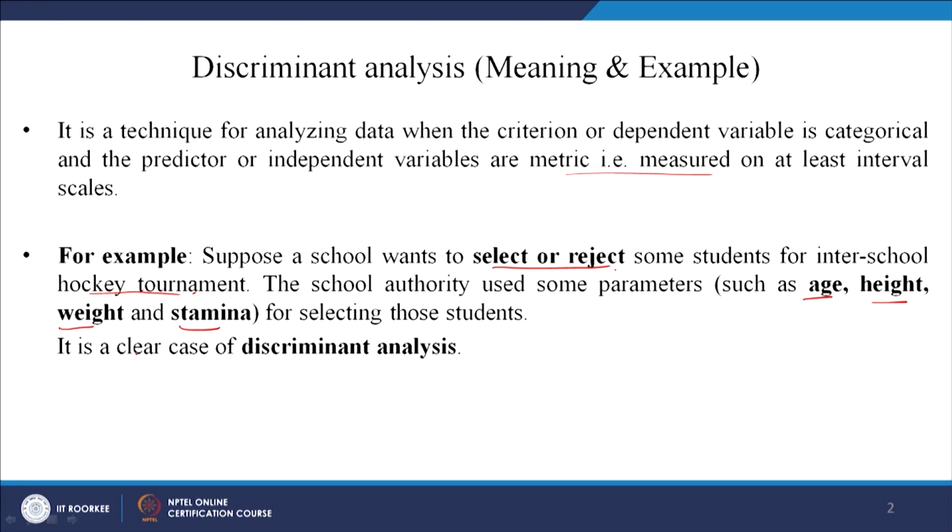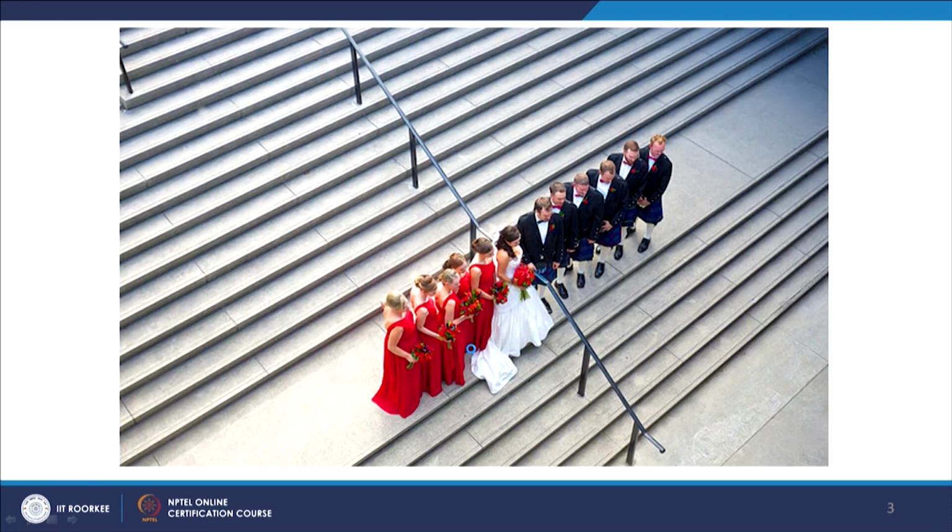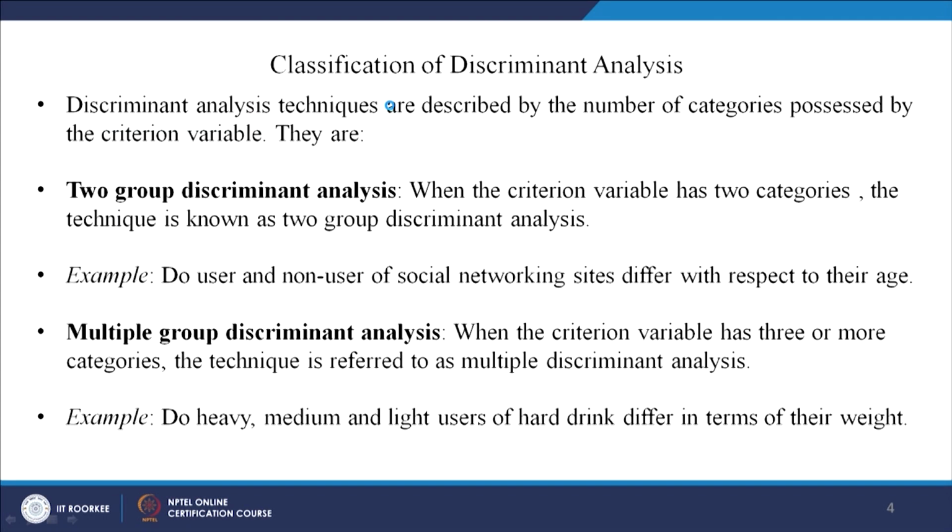Selecting the students is a clear case where we are using discriminant analysis. This is the meaning of discriminant: the men have been separated from the women, or the girls from the boys, through some measures, and this line is the mark of difference, the discriminant, separating the two.